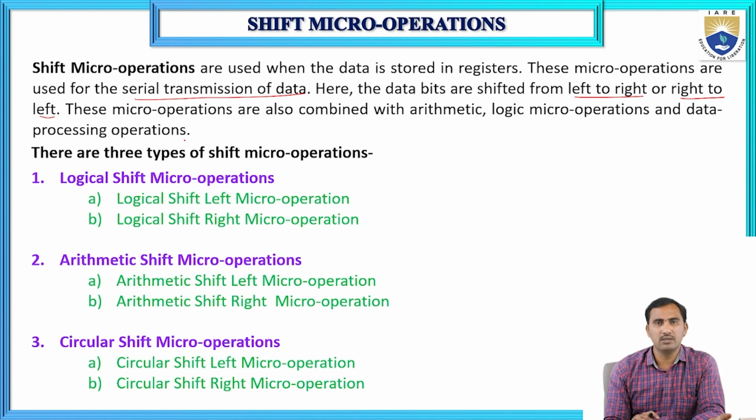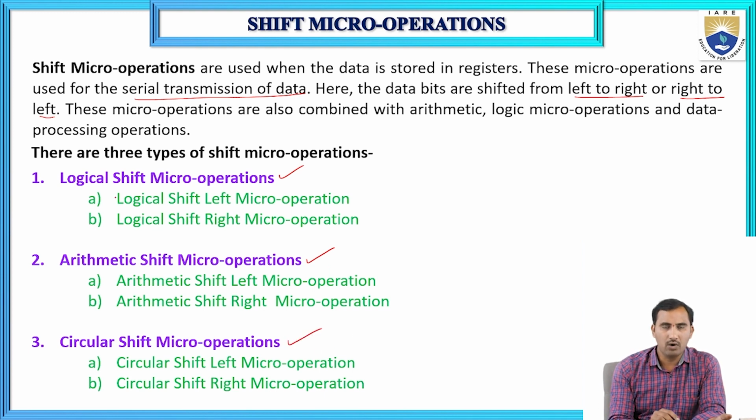Mainly the shift micro operations are classified into 3 types: logical shift micro operation, arithmetic shift micro operation, and circular shift micro operation. Logical shift is divided into 2 types: logical shift left and logical shift right.